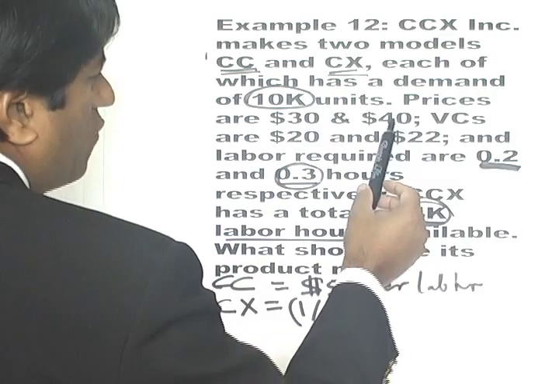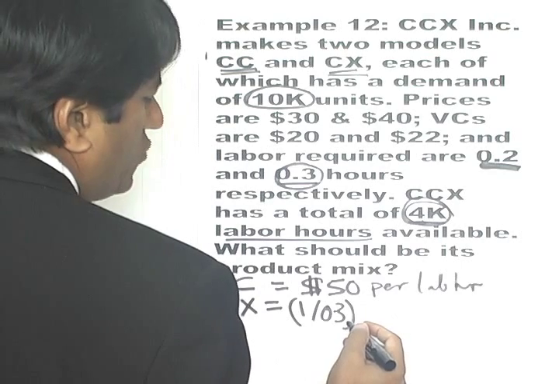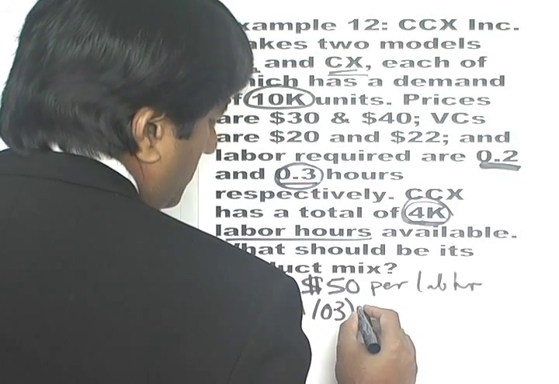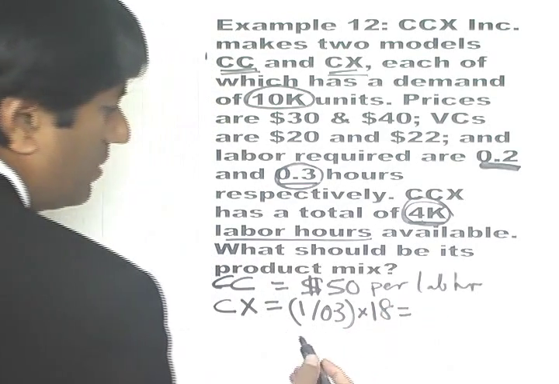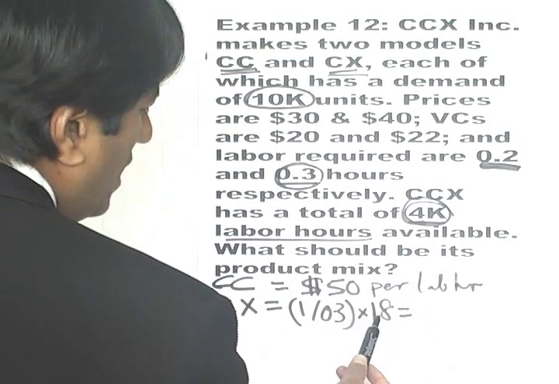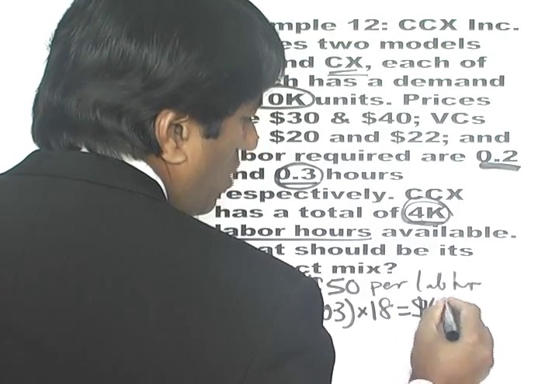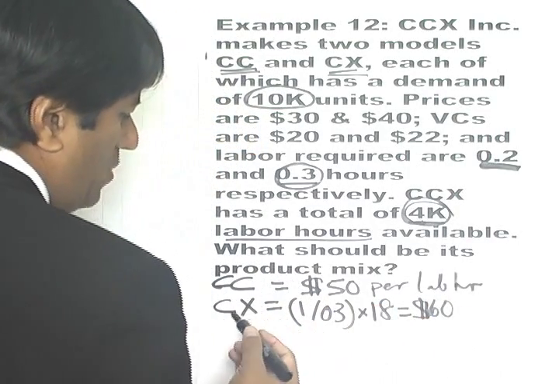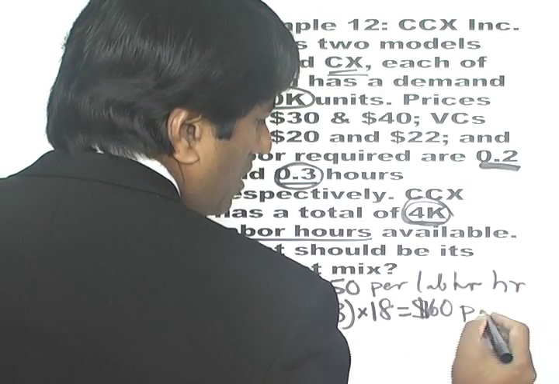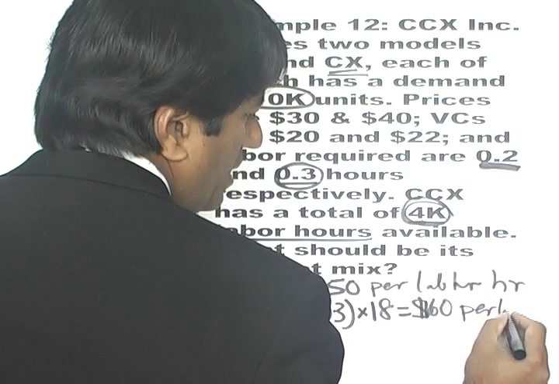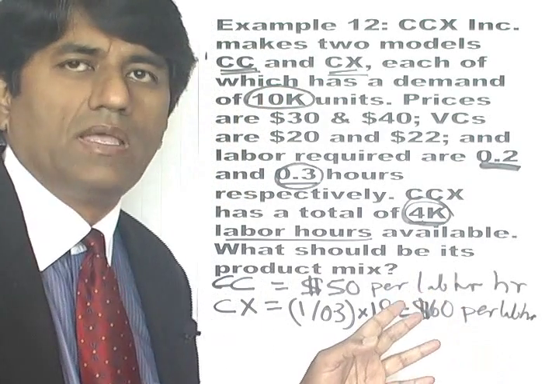Well, the profit per unit is 40 minus 22, the price minus the variable cost, and that is equal to 18, or what you have here then is 60. So every labor hour which is spent on producing CX produces $60 per labor hour.